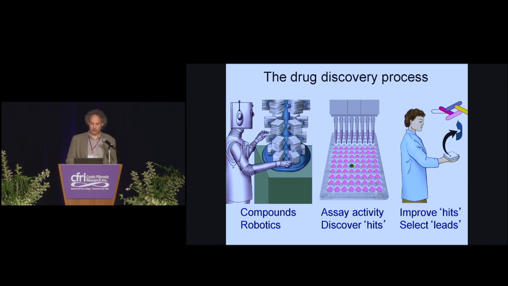The way the drug discovery process works is to take up to tens or even hundreds of thousands of drug-like chemicals, test them individually against some target, in this case CFTR, using robotics, and then from the assay identify hits, compounds that have activity against a target. But then by laborious medicinal chemistry, it's possible to improve the hits, select leads, and develop an actual drug.